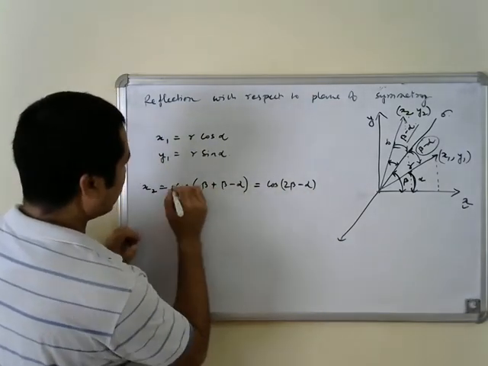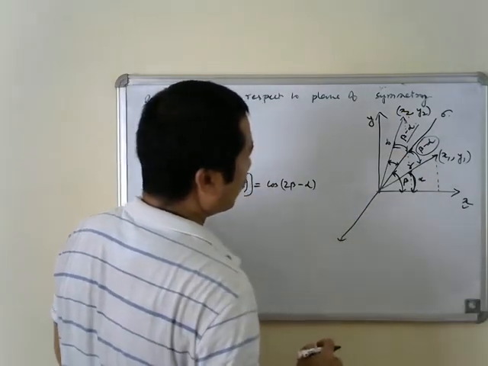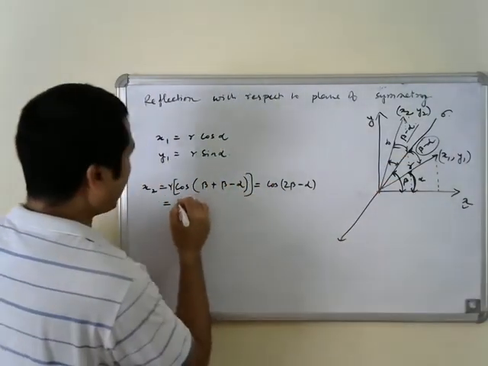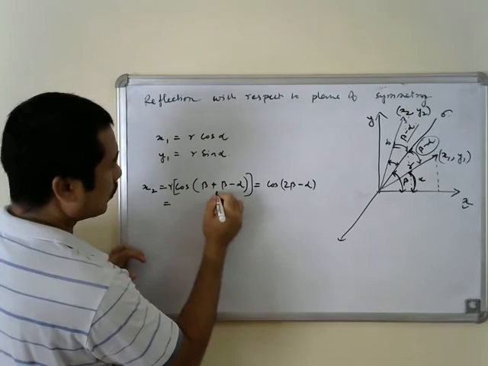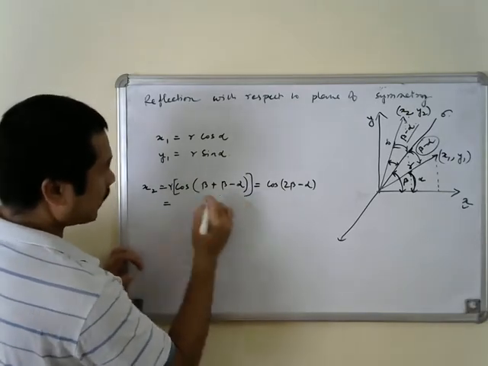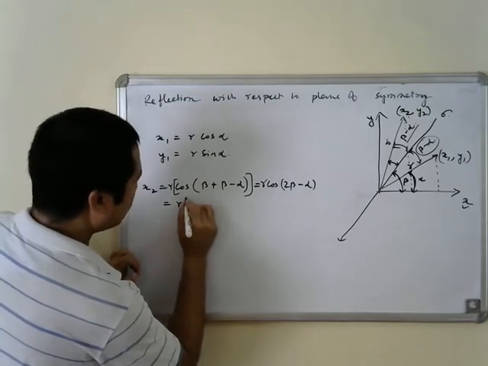Here r is going to be there, because r is the hypotenuse. So we write r cos of beta plus beta minus alpha.